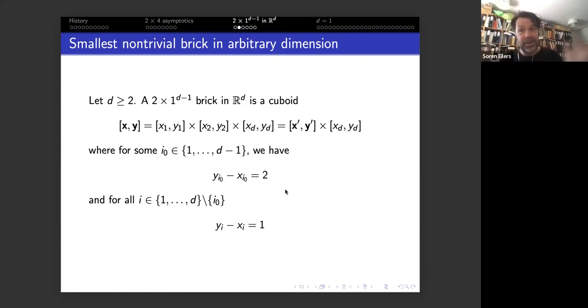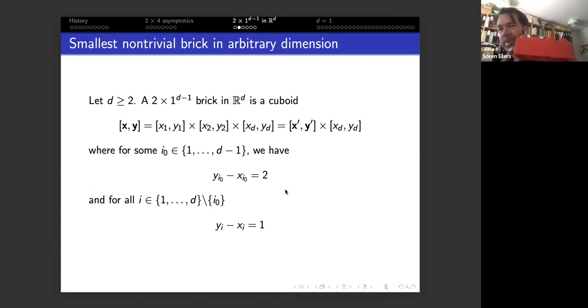It's a cuboid, which means it is a product of some intervals. These intervals have length 1 or 2, and exactly one of them has length 2, and the rest have length 1. We're also making the rule that the last dimension is not allowed to be 2, just like these bricks are 2x4 and always 1 high.